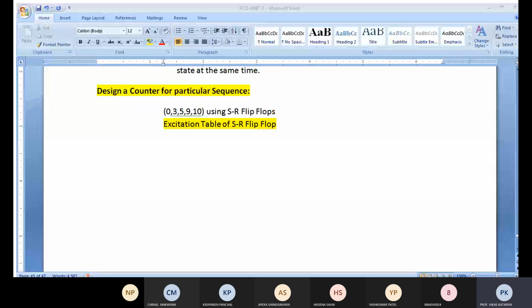And the third sequence, suppose present state is 1, next state is 0, then the excitation table tells us the value of S is 0 and the value of R should be 1.